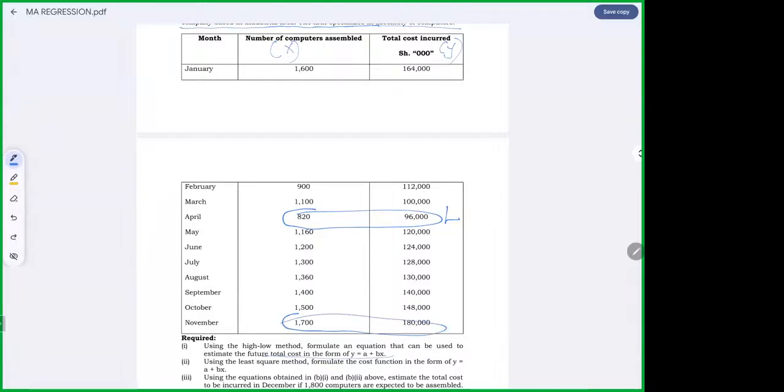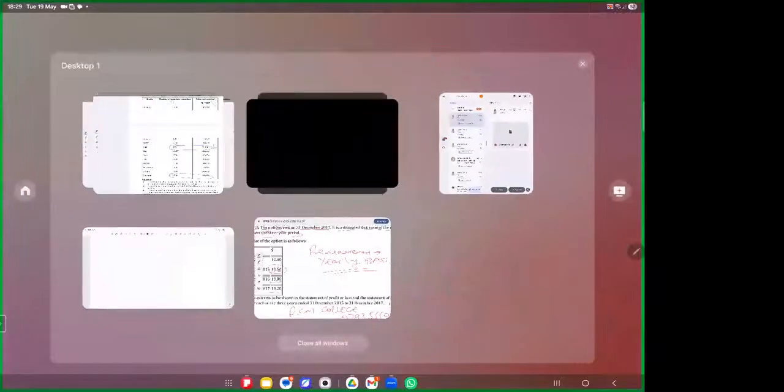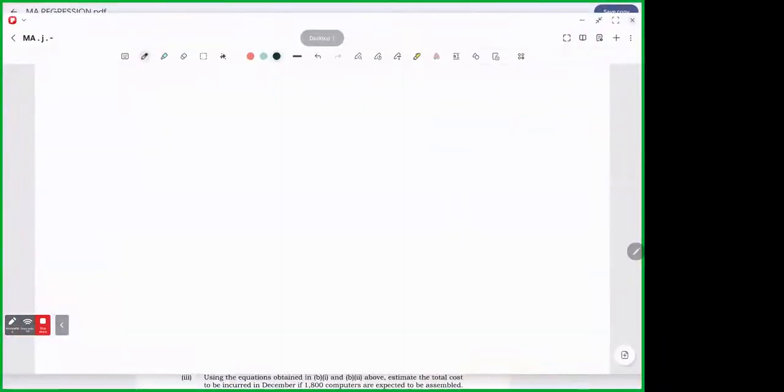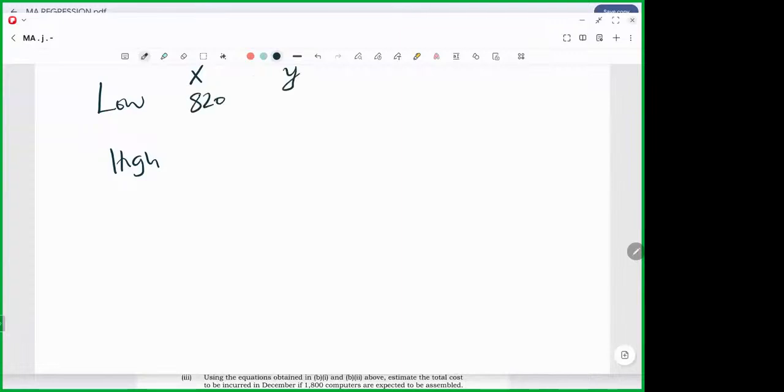Once you do that, ladies and gentlemen, please go to your writing materials. You've been able to pick here the low point and the high point. So this is X, this is Y. This is 820, 1700.